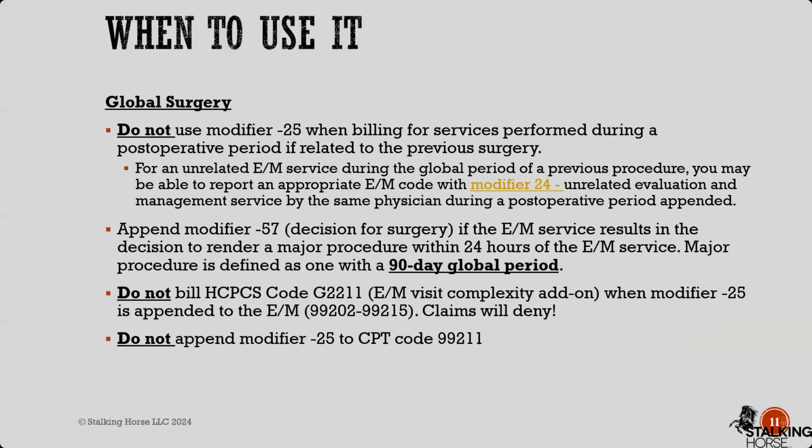So if a patient has had a procedure where there is a 90-day global period and they come in for, let's say, a different reason than something related to that surgery, then that's a different modifier. That would be a modifier 24.